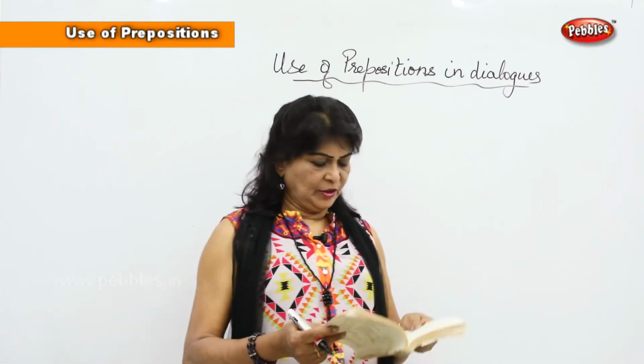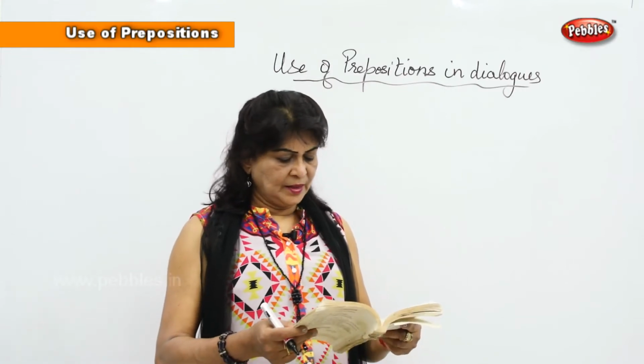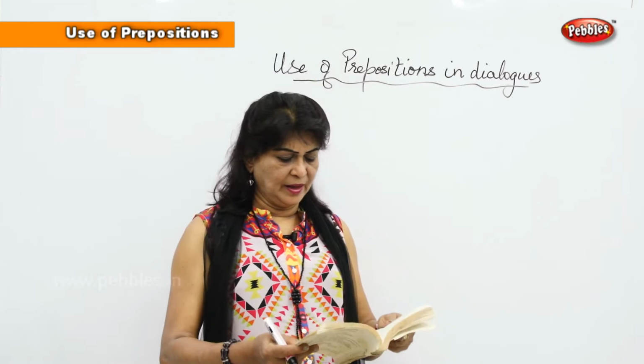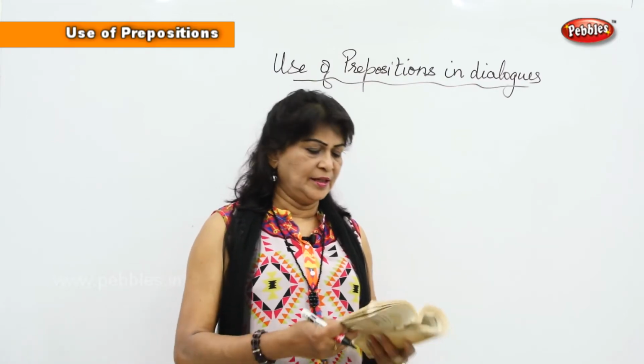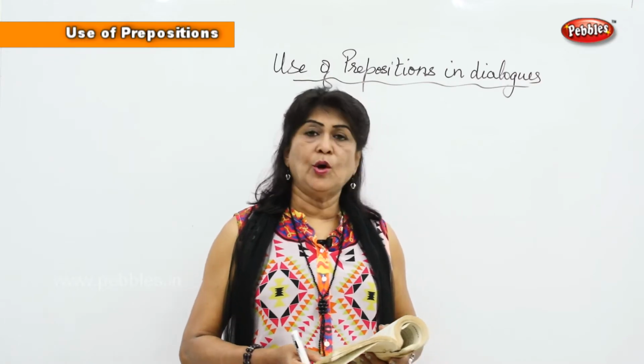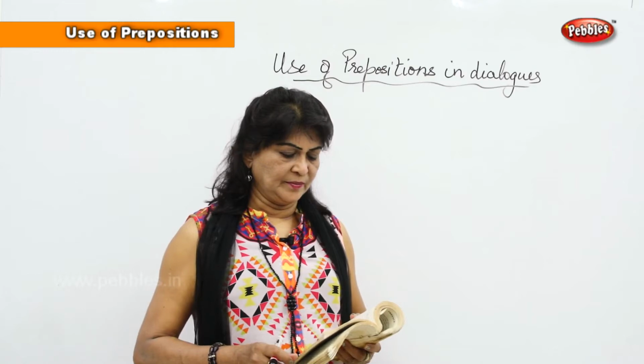For example, I am going to read out: 11 people live in a block of flats. Complete the sentences with on, between, behind, above, below, and one is done here for you. Money lives on the ground floor. On is a preposition.